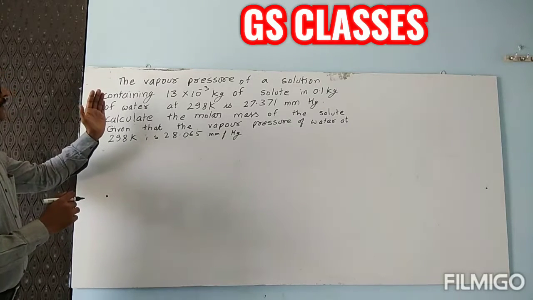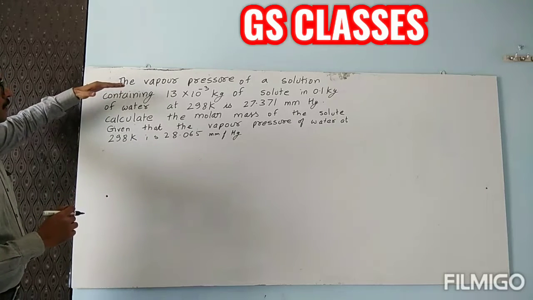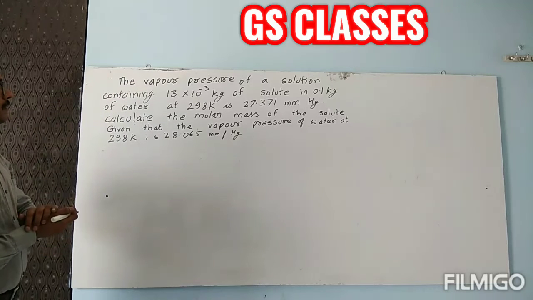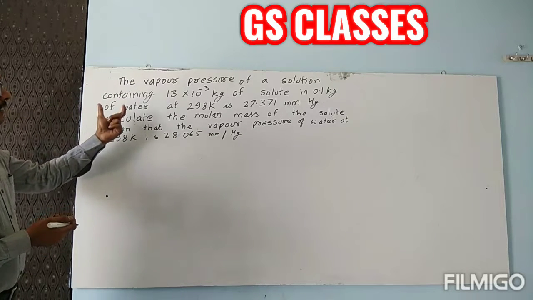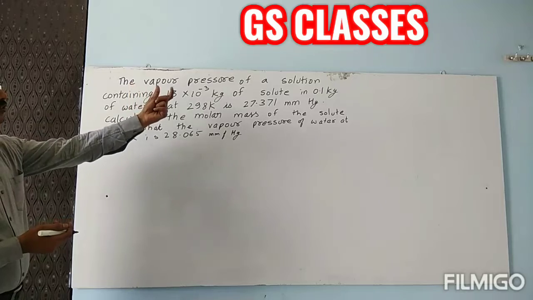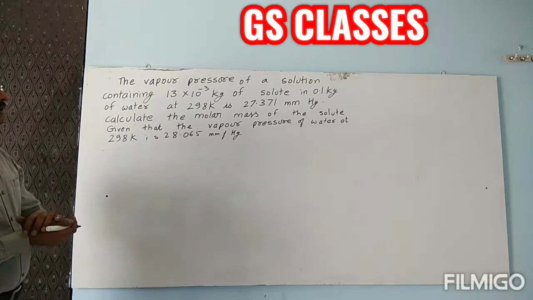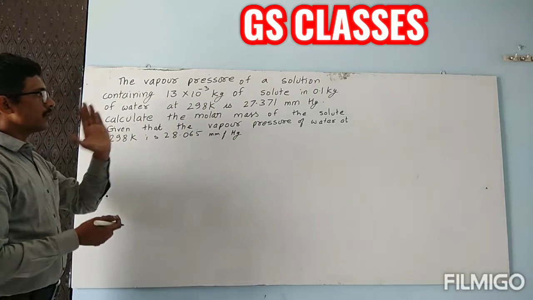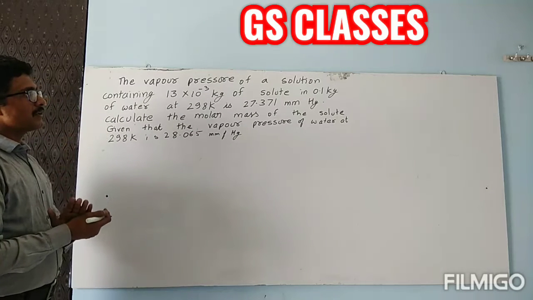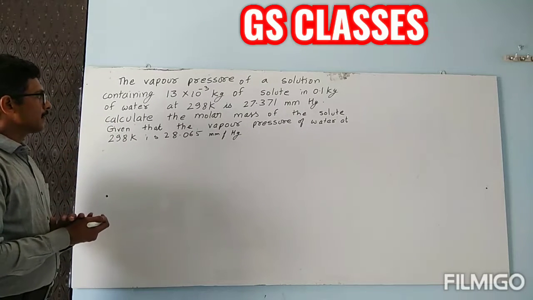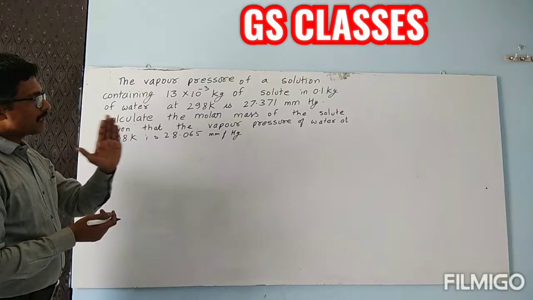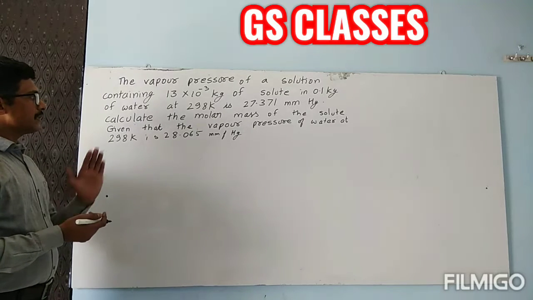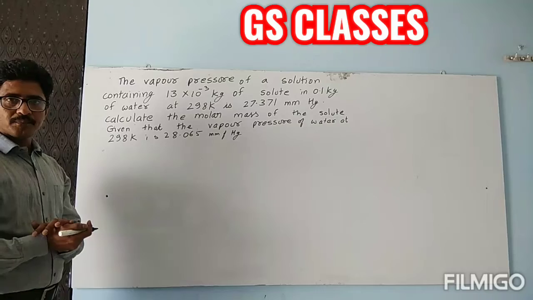They have given that the vapor pressure of a solution containing this much of the solute in this much of the water at this temperature is this much. Calculate the molar mass of the solute, given that the vapor pressure of the water at this temperature is this much.